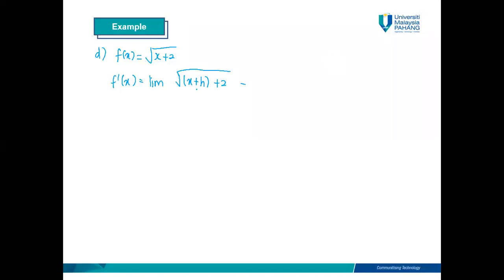Again, ingat ya, kita punya x sekarang adalah x plus h, minus macam biasalah x plus 2. Ini tak letak dalam kurungan pun tak apalah sebab dia satu function, over h when h approaches to 0.